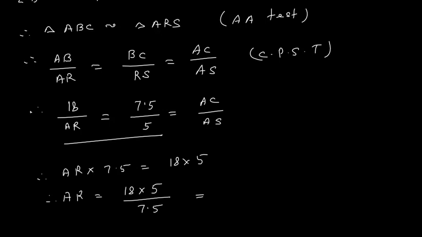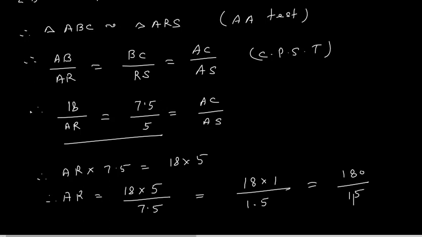So we divide by 5. It is 18 into 5, and the 5 here, 5 fives are 25. So this is 1.5. Now I multiply numerator and denominator both by 10, so it becomes 180 upon 15.